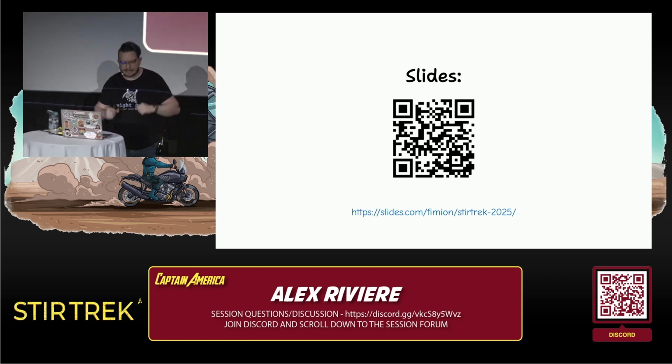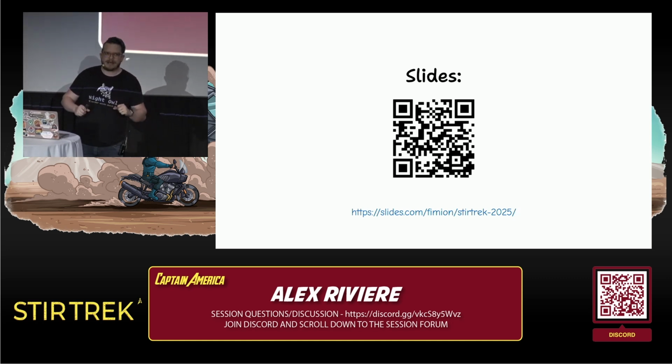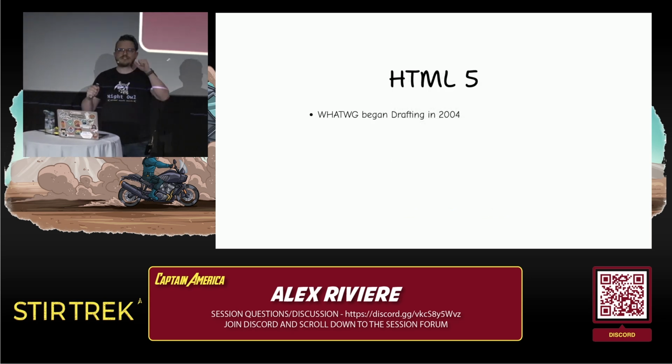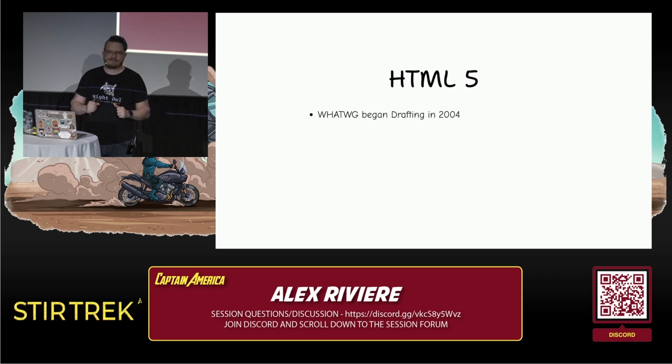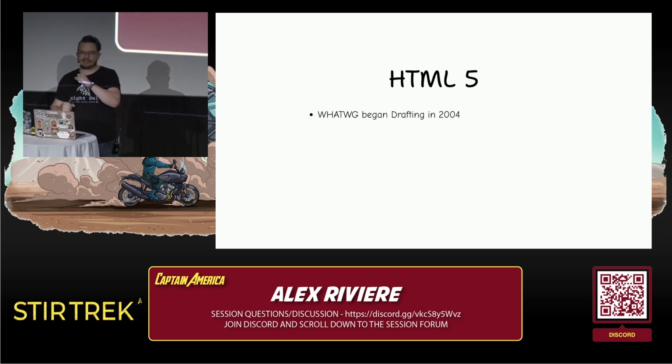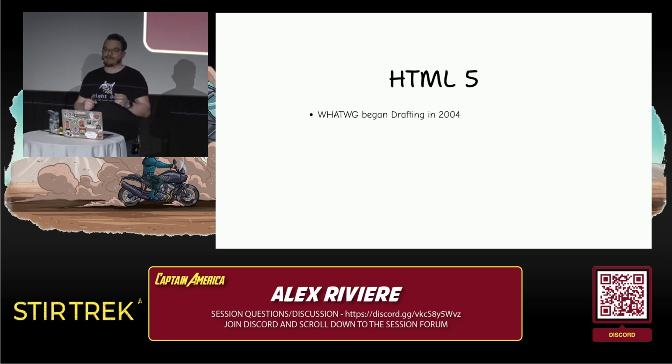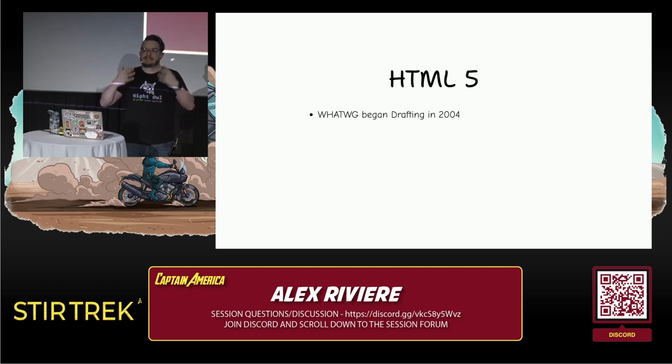To set the stage, we should talk about HTML, and specifically we're going to talk about HTML5. HTML5 started being drafted in 2004 by the WHATWG, and oh, I don't have my speaker notes. It stands for the Web Hypertext Application Technology Working Group, and it is the group that really started working on the HTML5 standard.